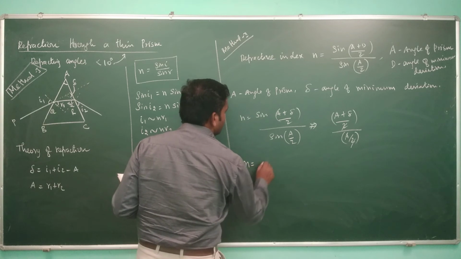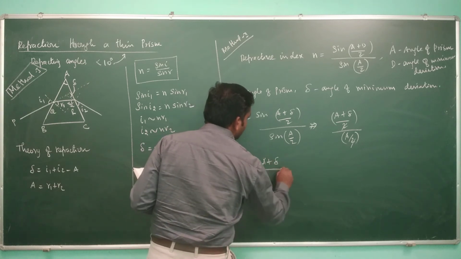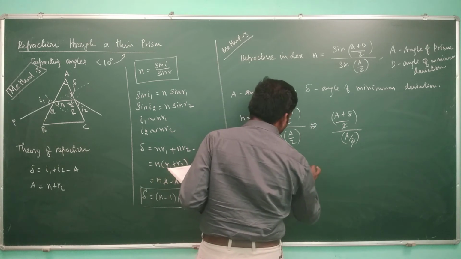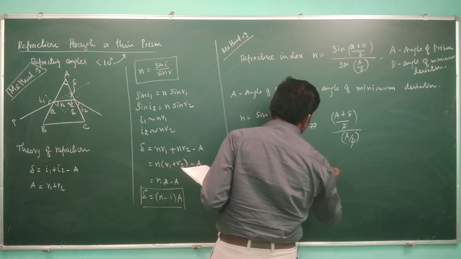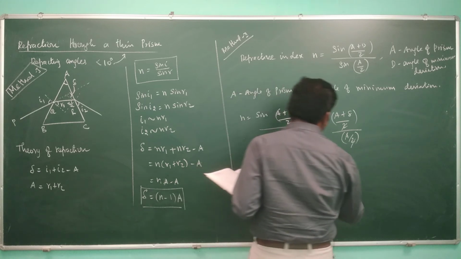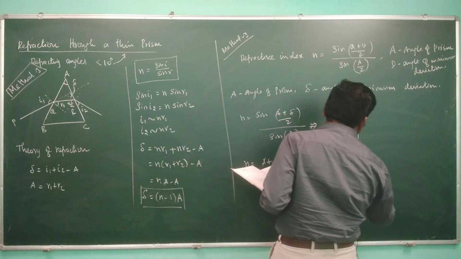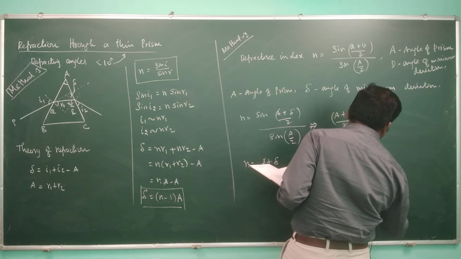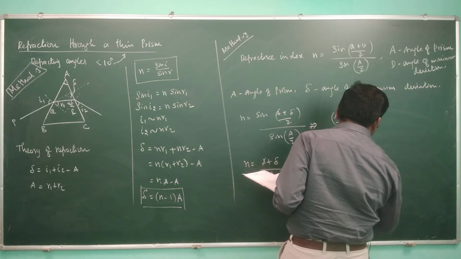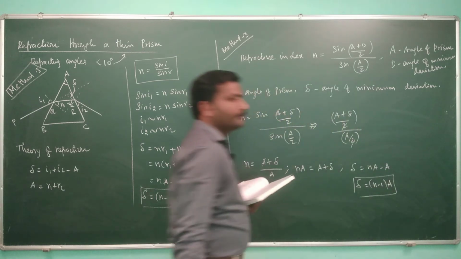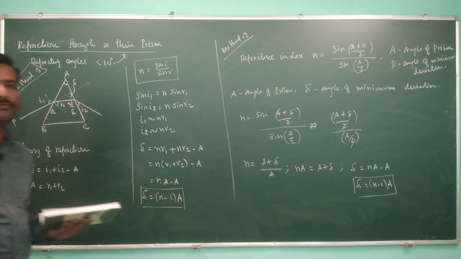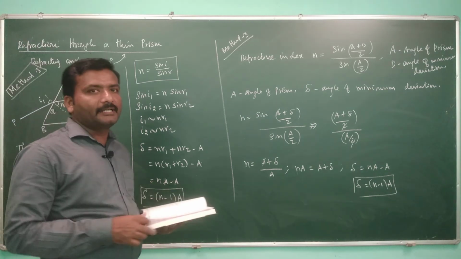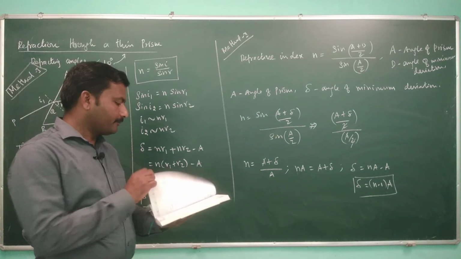So n is equal to (A plus delta) divided by A, or you can write nA is equal to A plus delta, or delta equal to nA minus A, or delta equal to (n minus 1)A. This equation holds true only when the refracting angles are small, that is less than 10 degrees.